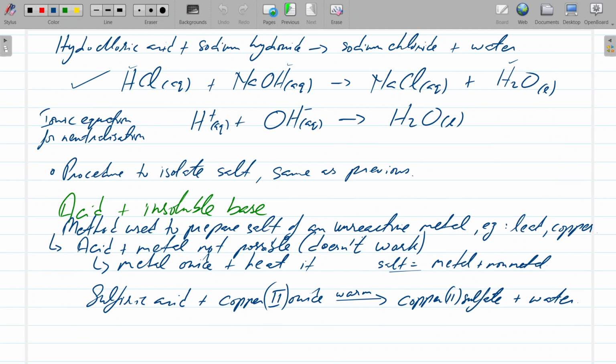Okay. Now what does the equation look like? So for sulfuric acid, you have H2SO4, which is aqueous, plus CuO, which is a solid because it is insoluble, right?